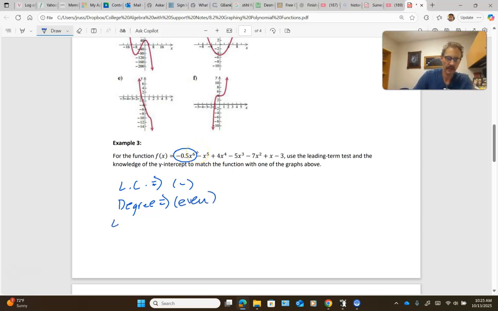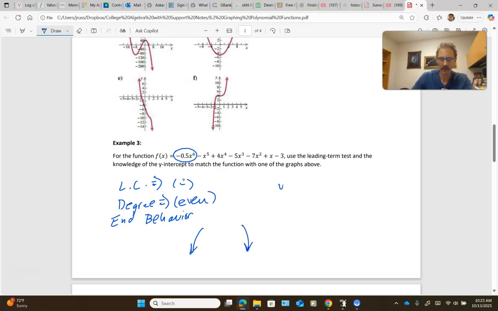So for the end behavior, it goes back to the leading term test. If you look back at your chart, the degree is even, so both tails will be doing the same thing. The leading coefficient is negative, which means both tails are going to be going down.